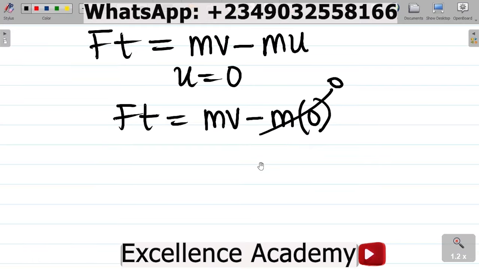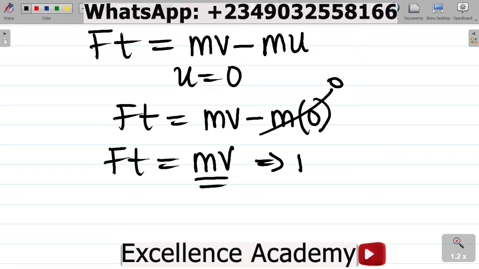In essence, we'll have that force times time is equal to mass times final velocity. What you have here is the expression for final momentum. Right? So final momentum is simply mass times final velocity. We are asked to find this value. In essence, final momentum is simply equal to force times time.